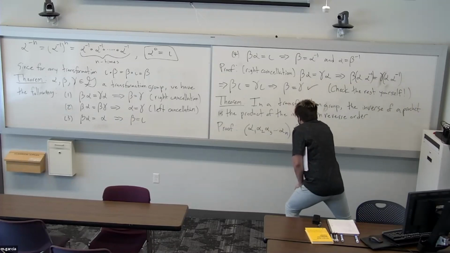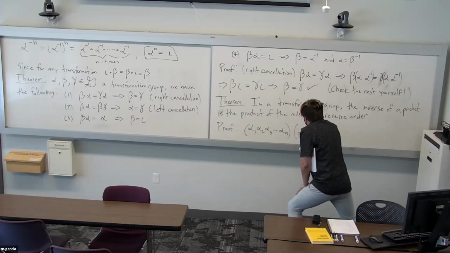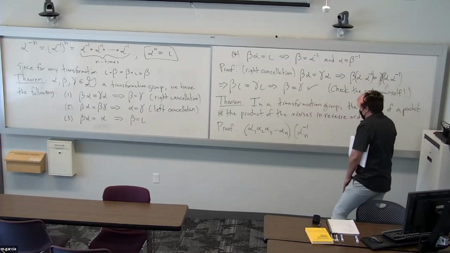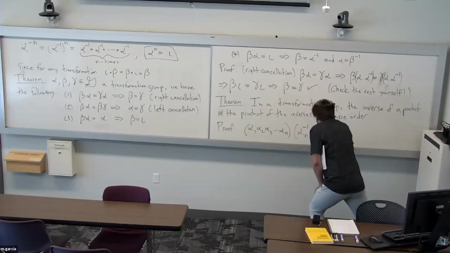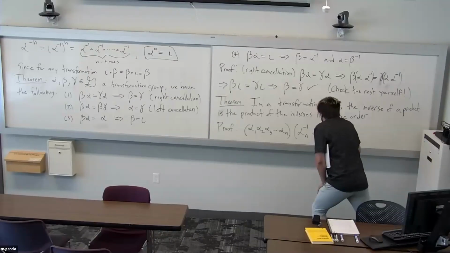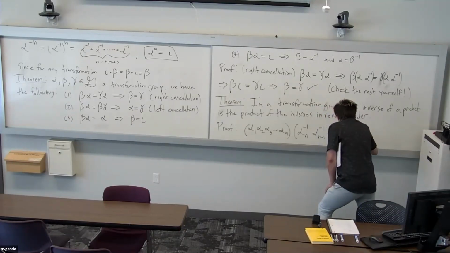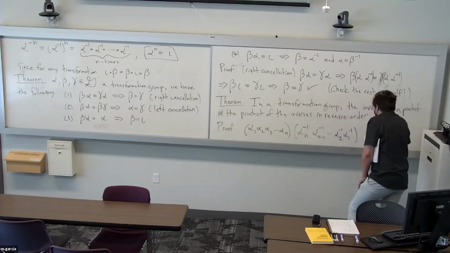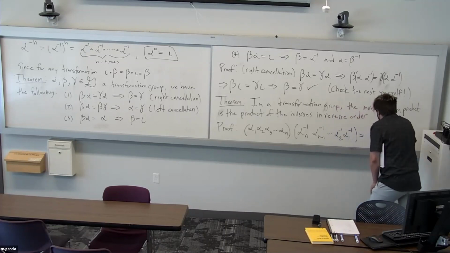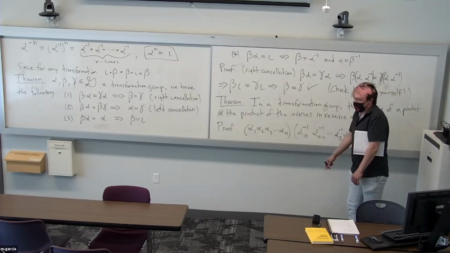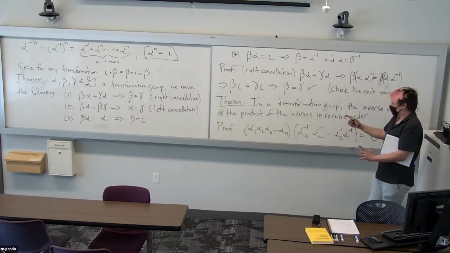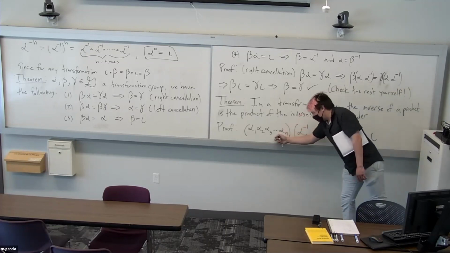So, right next to it, I'll put alpha n inverse, composed with alpha n minus 1 inverse, down to alpha 2 inverse, alpha 1 inverse. By closure, this is a transformation.